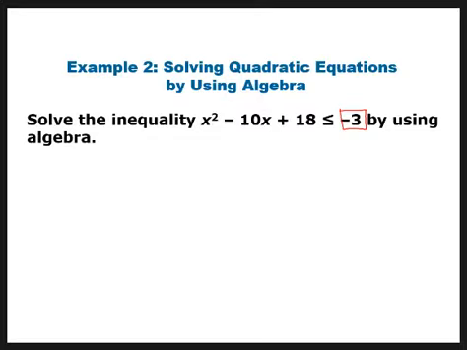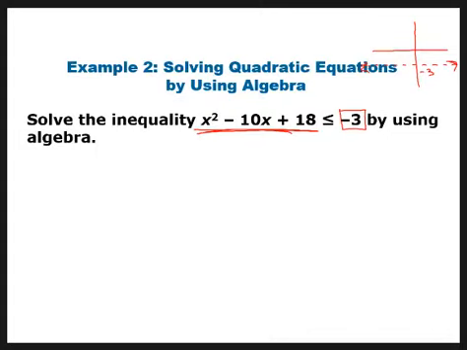Now, what this means for us to start with is, if we were to graph this parabola, when we solve for x, what we'd be looking for initially would be all the values of x that are going to make the left side less than or equal to -3. So if you think about a graph, and I'll draw it up here at the top, -3 would be a line that's down here somewhere, just generally speaking.